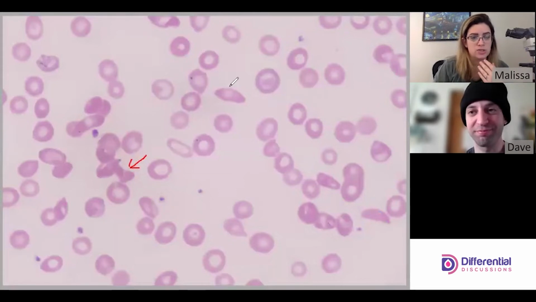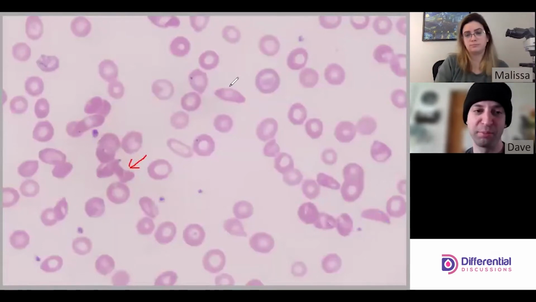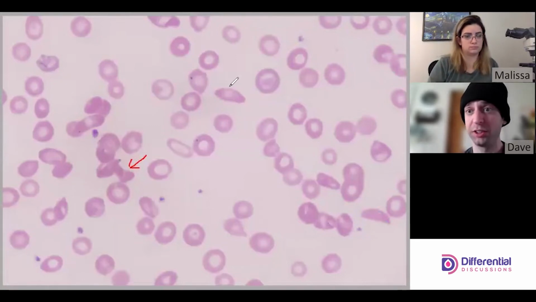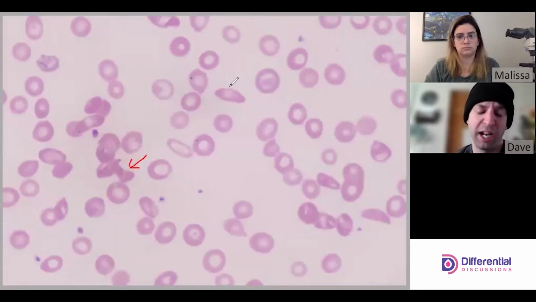Once you start treating the SS patients, they look really wonky and they don't look like beautiful sickle cells. Absolutely. But we still want to represent to the clinicians that there are abnormal cells present, whatever value that information might be.